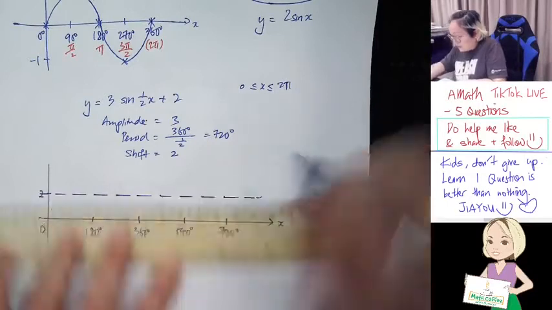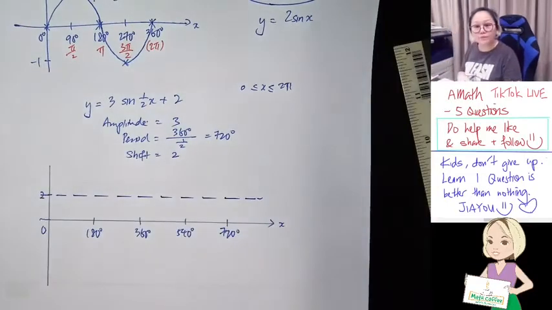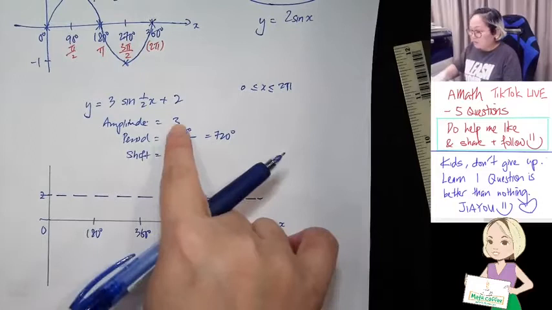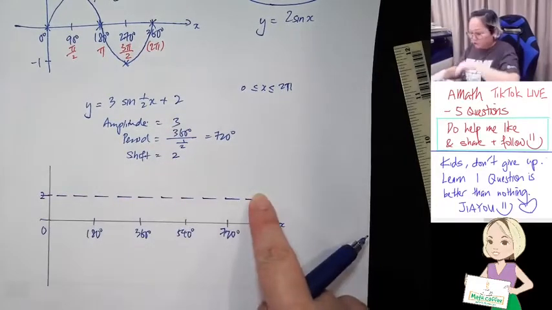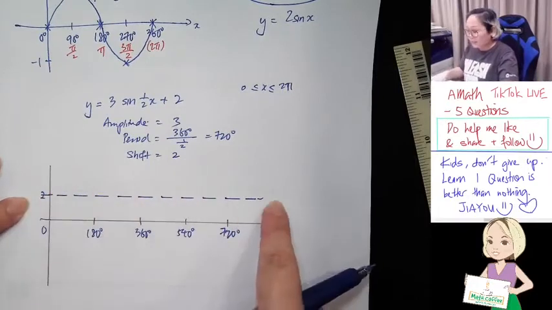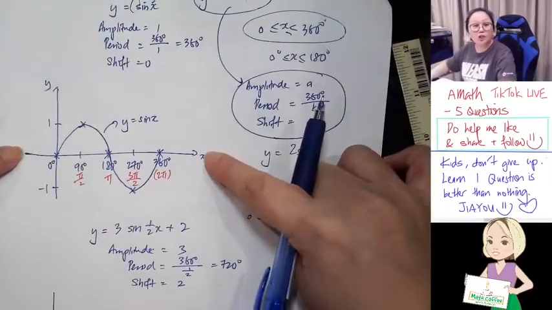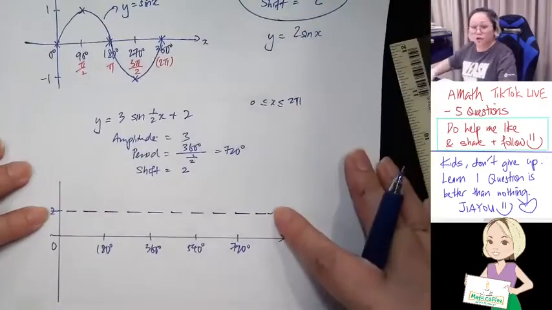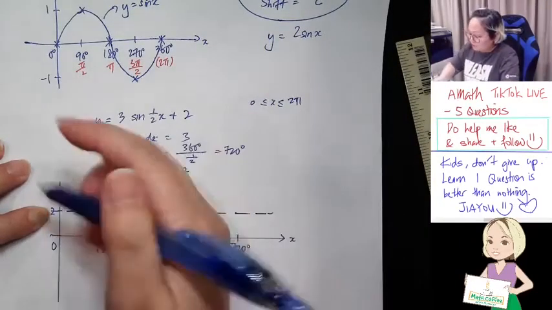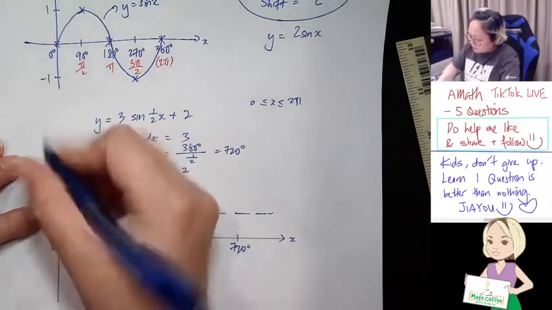This is my shift line. So I'm going to draw this out. Okay, then remember our amplitude is 3. This line is actually like what I call the new x-axis. You understand? Your new x-axis. So if this is your new x-axis, my amplitude is 3, means 2 plus 3. That means it will be 5.